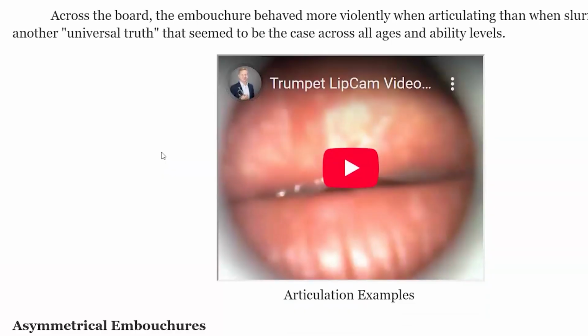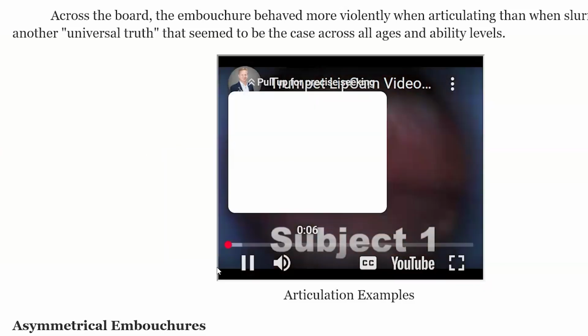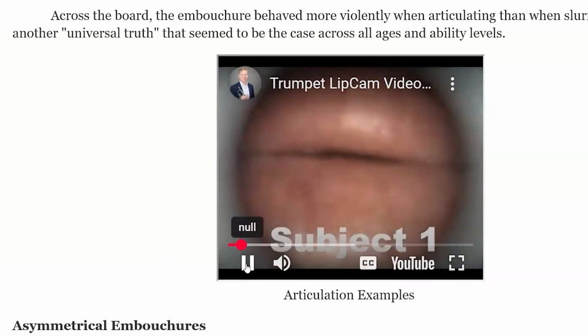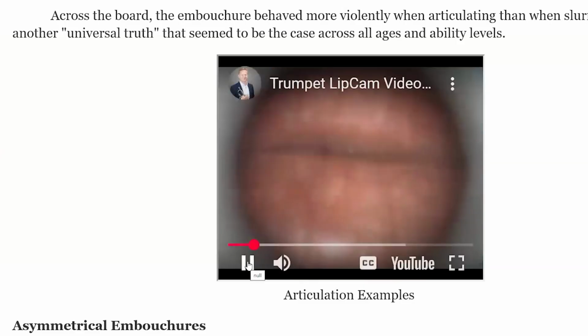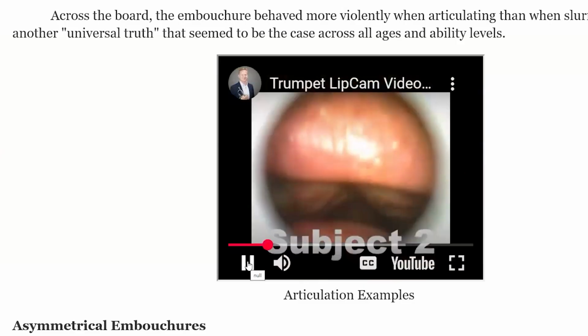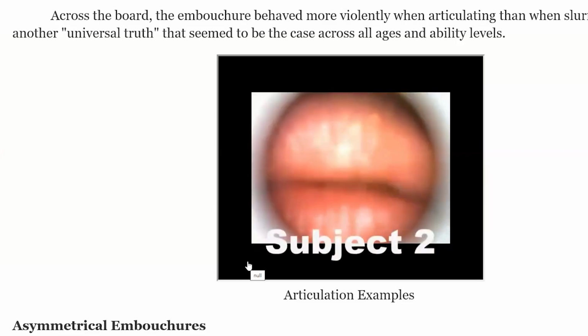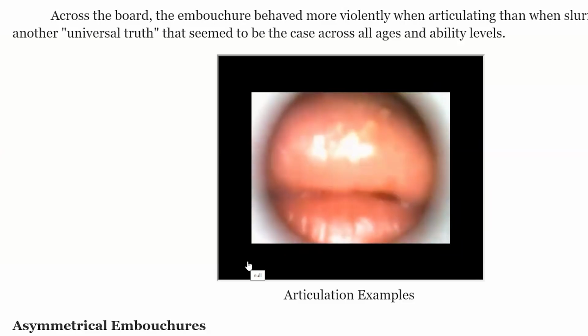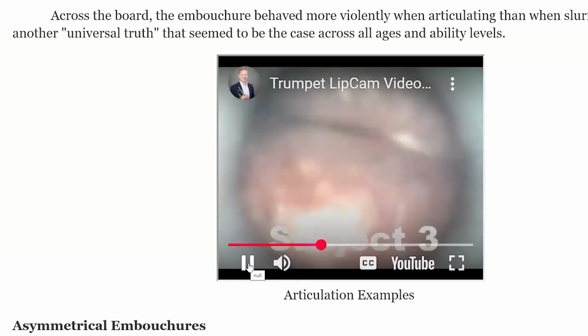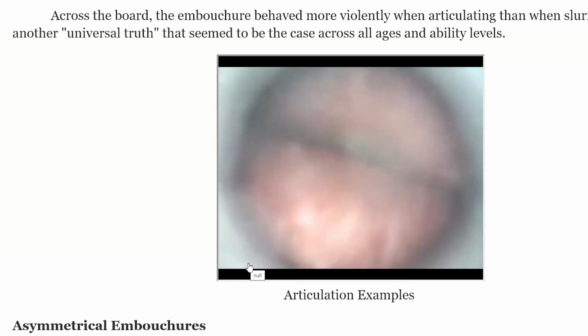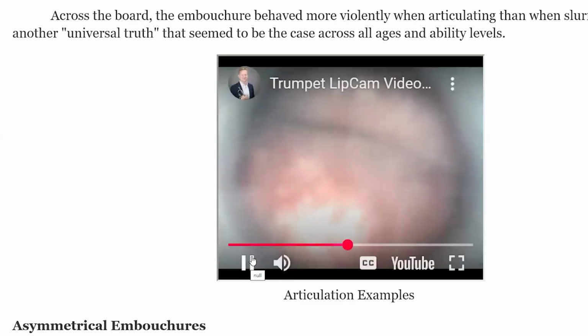Talk about articulation across the board. When people play, the embouchure behaves more violently when we articulate versus when we're slurring. So we seem to see a more violent behavior of the mouthpiece.